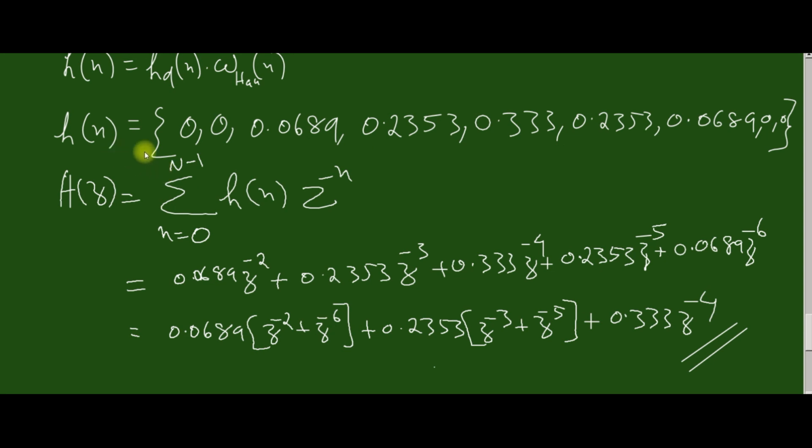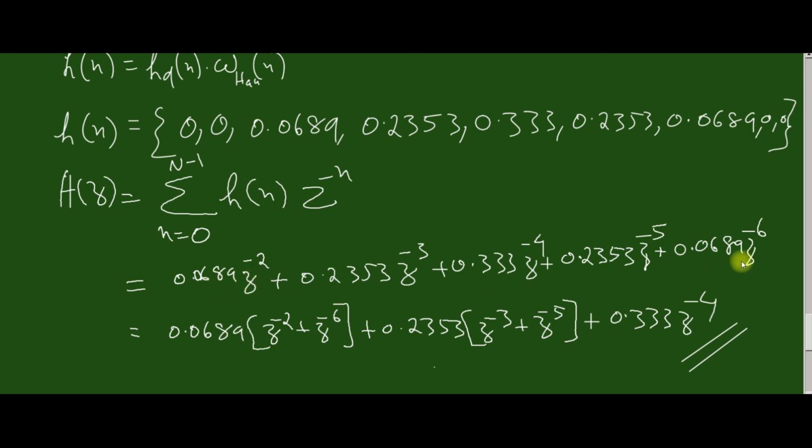Now, once we have h of n, the H of z system function can be determined using the expression summation of h of n z raised to minus n. Now, 0 into z raised to 0 plus 0 into z raised to minus 1, then 0.0689 into z raised to minus 2 plus 0.2353 z raised to minus 3, etc. Now these can be combined.